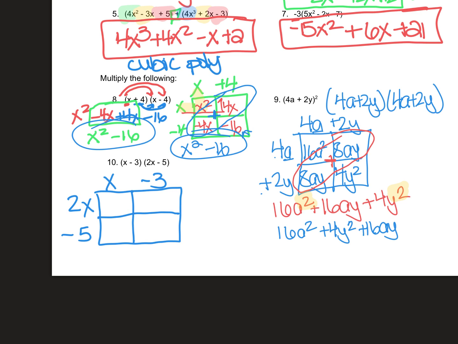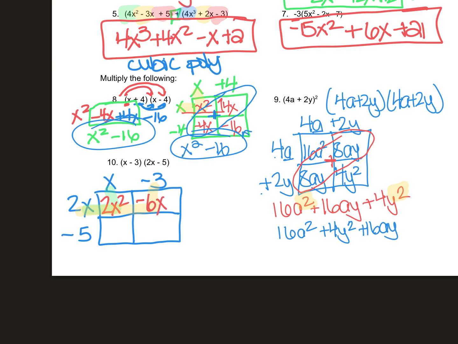And now I'm just going to multiply my boxes. So there I have a 2x times x. Okay, so that leaves me with 2x squared. Okay, moving on to my next box, I have a 2x times my negative 3. So we should already know negative times a positive is a negative, so I should have a negative in this box. 6 and an x.